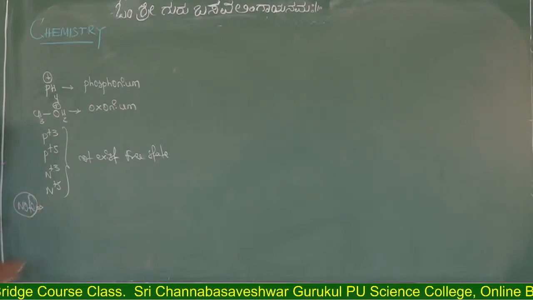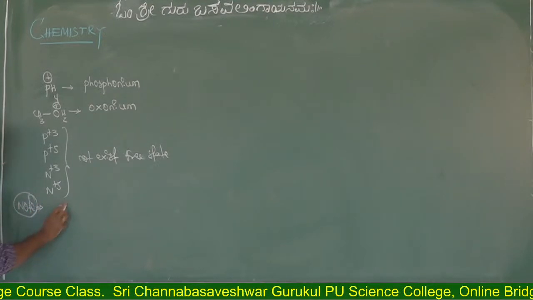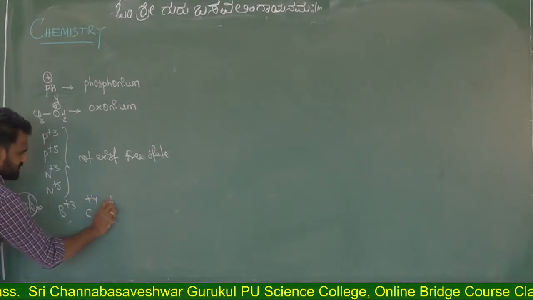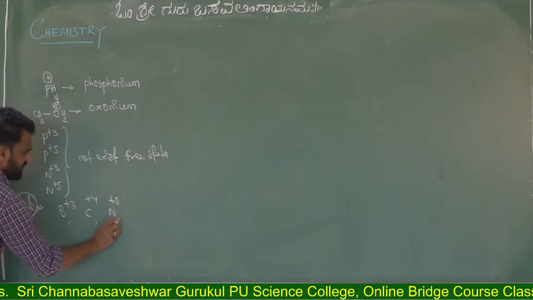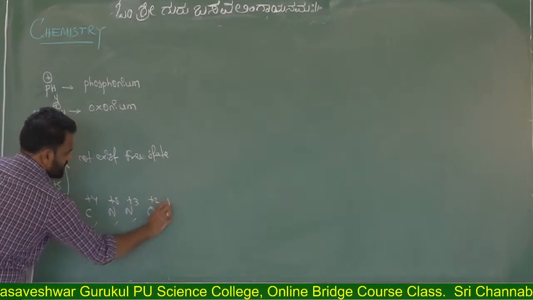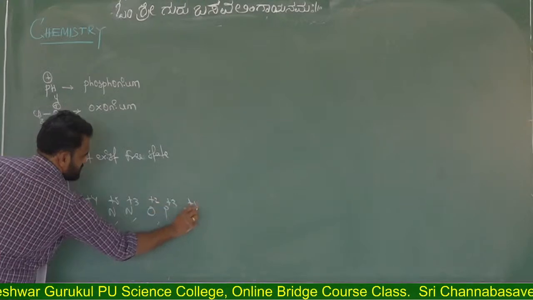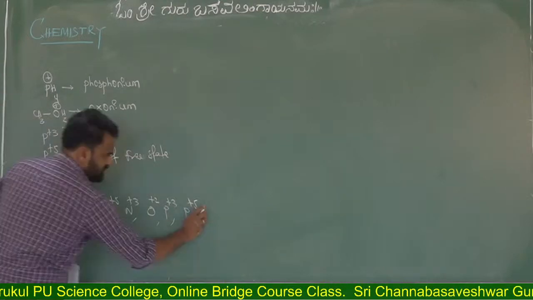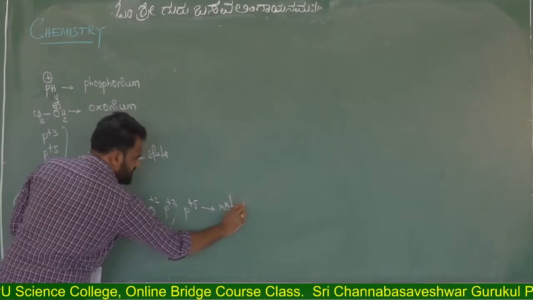According to the note, boron plus 3, carbon plus 4, nitrogen plus 5, nitrogen plus 3, oxygen plus 2, phosphorus plus 3 and phosphorus plus 5: these types of ions are very difficult to get. You cannot get them in free states.